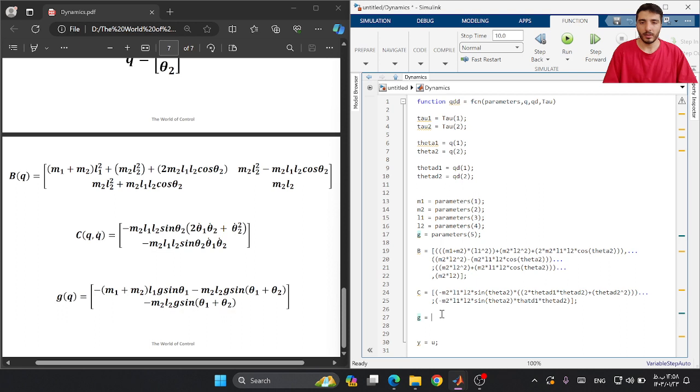And our gravity vector is, okay, we have two terms.